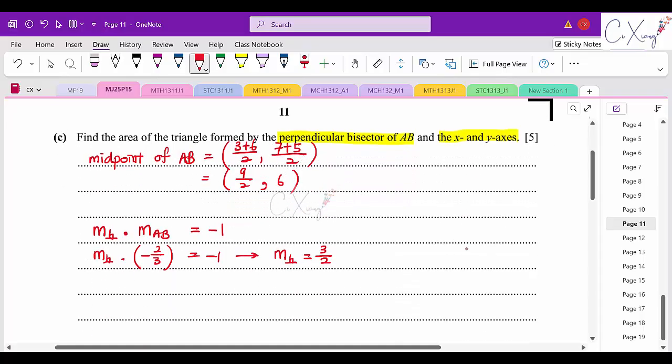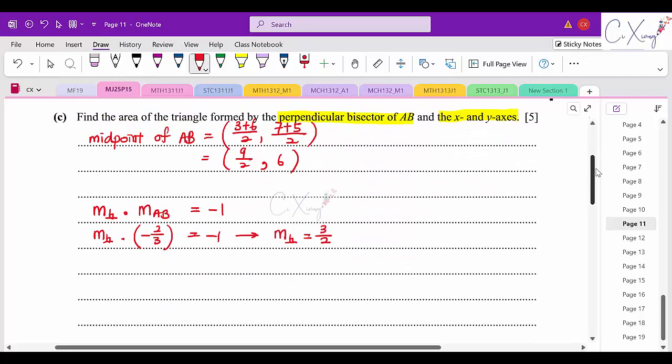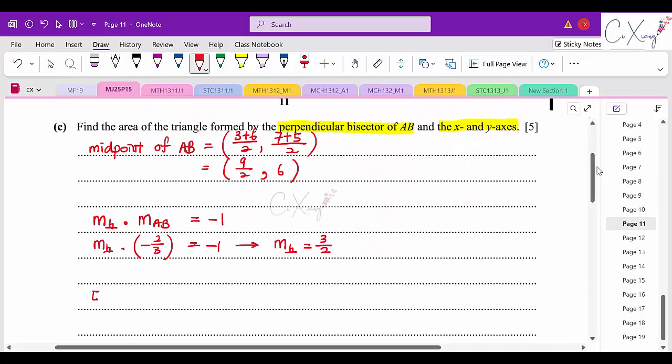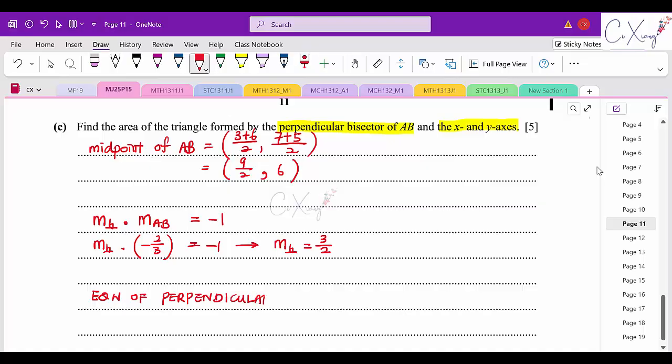Then let's continue further. We can figure out the equation of the perpendicular bisector. Okay, so what do we have here? It will use y minus y1.